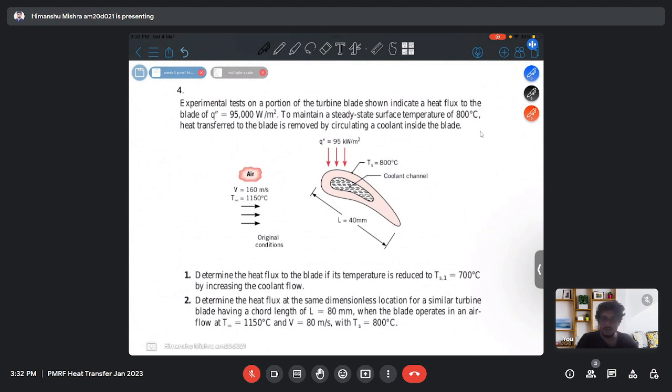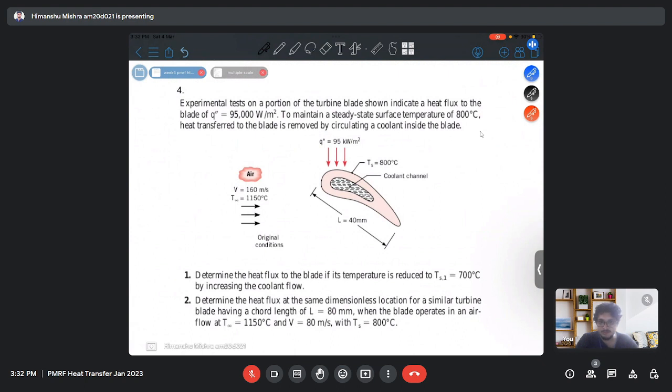So in this question, an experimental test on a portion of a turbine blade indicates a heat flux to the blade of 95,000 watt per meter square. To maintain a steady state surface temperature of 800 degrees Celsius, heat transfer to the blade is removed by circulating a coolant inside the blade.